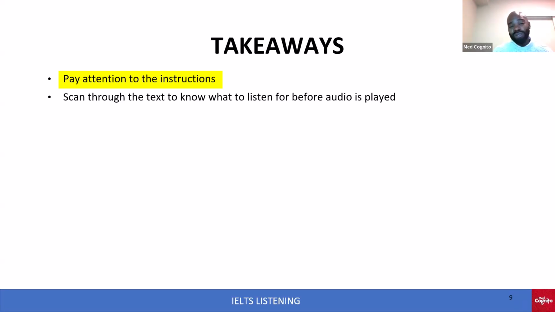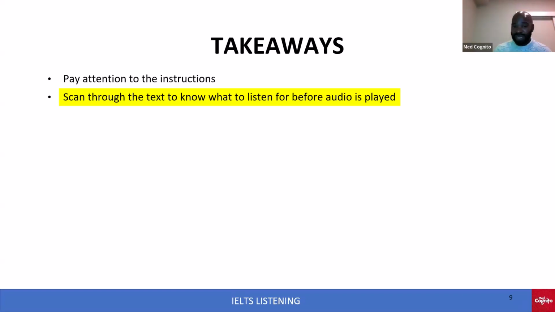And the second point that I want you to take away from this presentation is that the 10 seconds that you have before the audio starts to play, please scan through the text to know what to listen for before the audio is played. Scan through the text, know what to expect, so that as you're listening, you are looking out for those. That way, you'll be able to quickly get the answers, and then you will have it correctly and then move on to the next sessions.